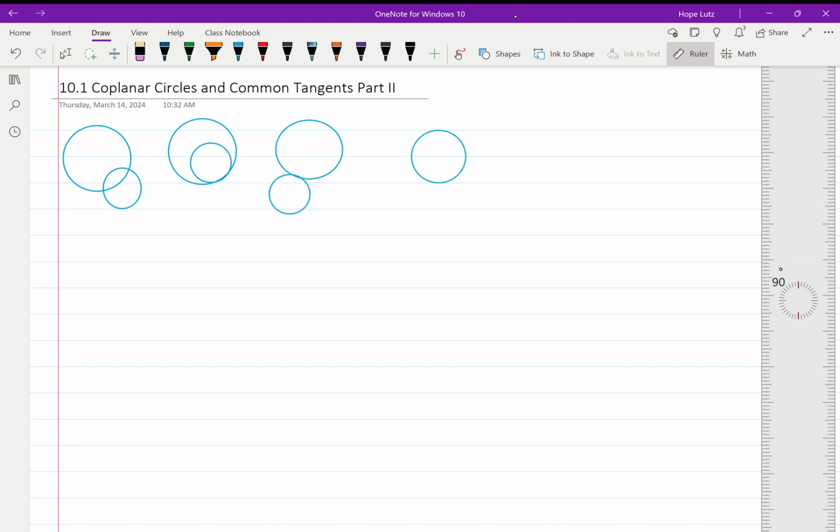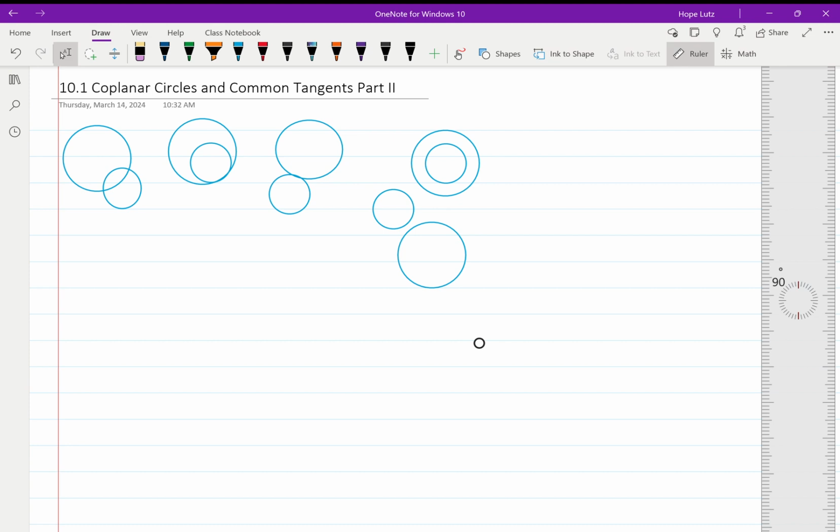And it's going to look like this. It's going to look like that. And then I'm going to draw this one down here, and it's going to look like that.